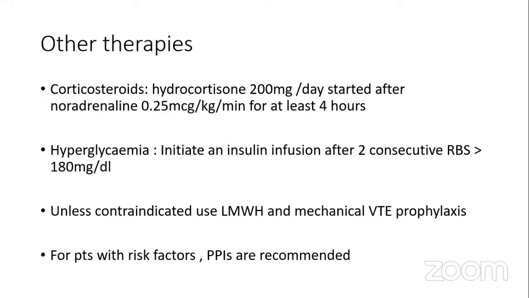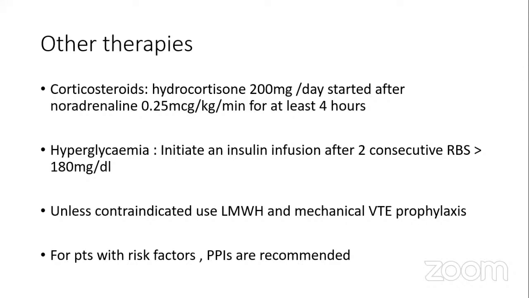But the current guideline is that hydrocortisone has shown more benefit in patients who have been on vasopressor therapy, that's noradrenaline, particularly a dose of about 0.25 to 0.4 mics per kg per minute for about 4 hours. So largely it's a weak recommendation, but the dose is about 200 milligrams per day. That's 50 milligrams divided into four doses for about 50 days.